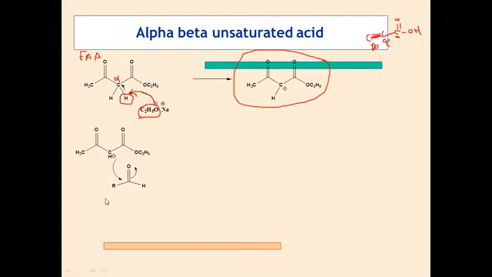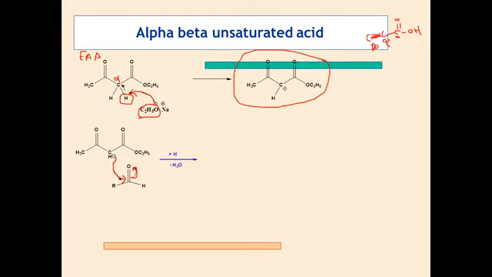If R is a phenyl group, that is C6H5, or it contains benzene, then this one is an aromatic aldehyde. So what happened here? The attack of the CH minus takes place on the carbonyl carbon, and at the same step this C double bond O is broken down into O minus.